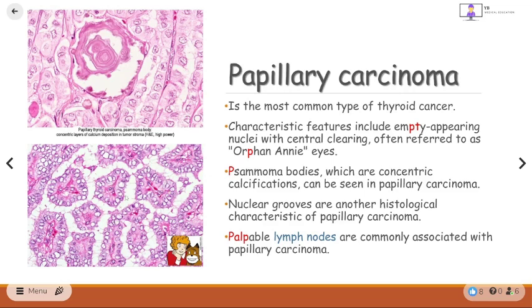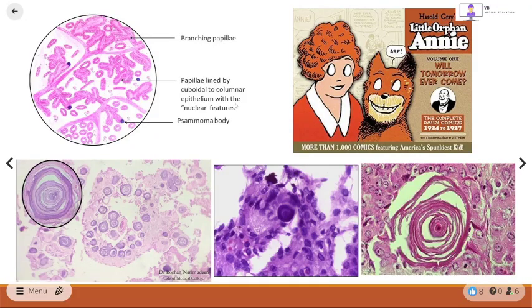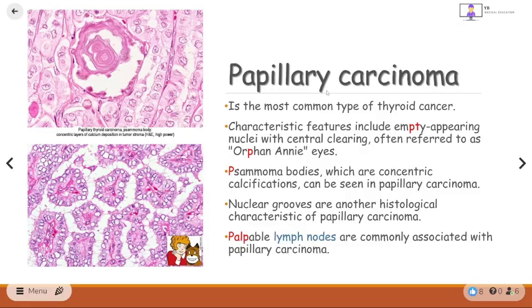This is one of the characteristics, in addition, of course, to the arrangement of the cells in the form of papillae, as you see here. These are the papillae. So this is papillary thyroid carcinoma. So instead of being follicles like that, they arrange in a papillary formation. Also you could have something called psammoma bodies. The way I remember is P for P: psammoma for papillary carcinoma.